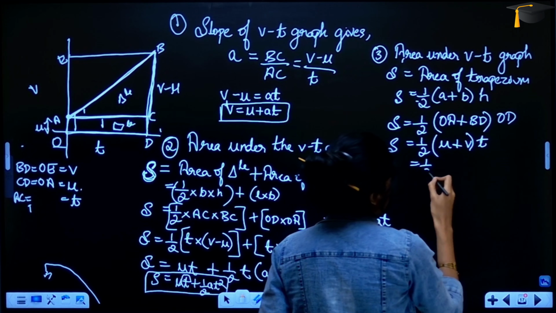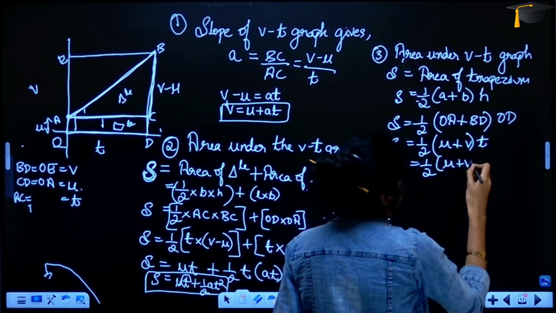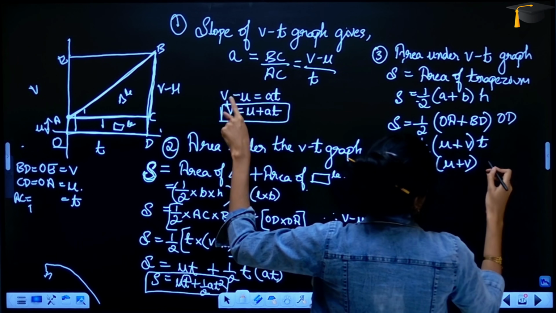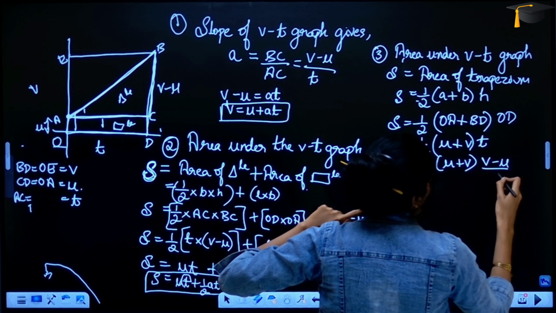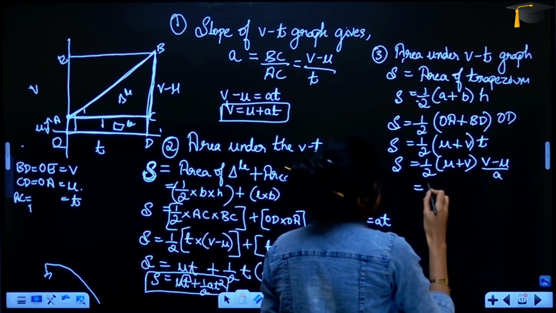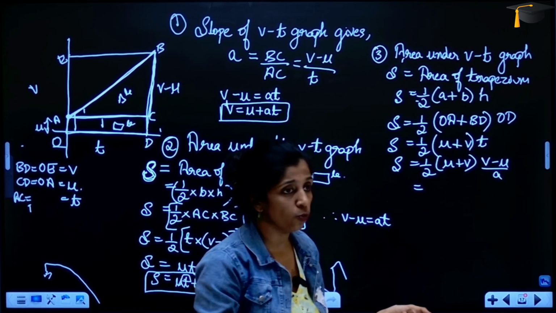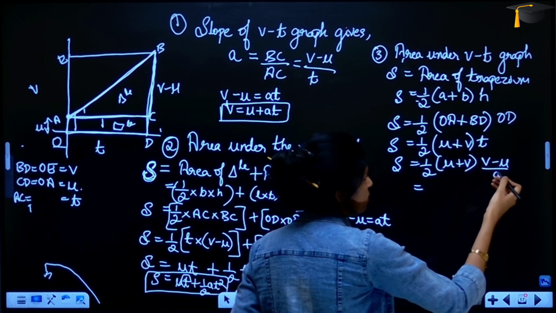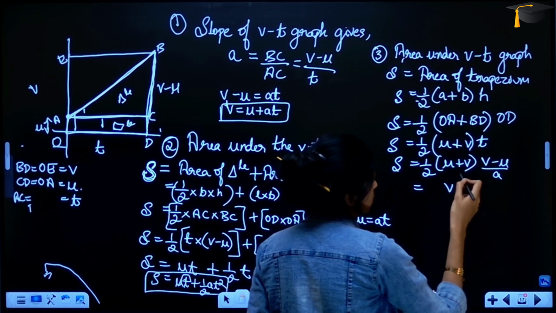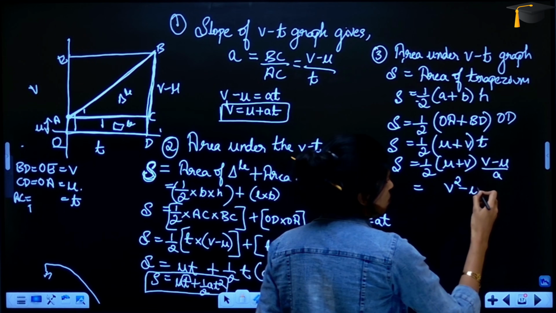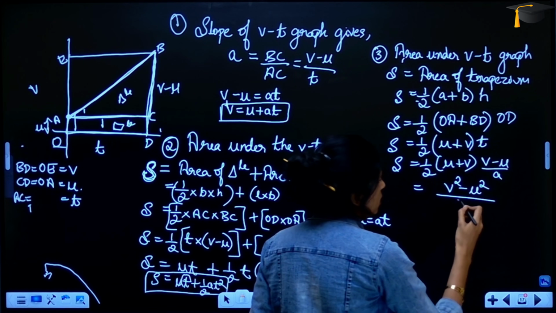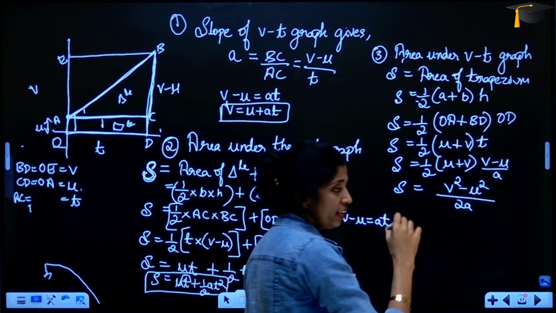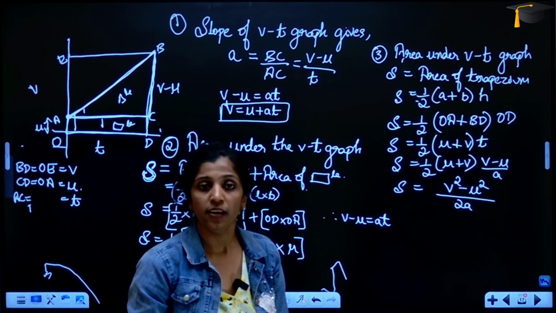From the first equation, we will take time as T equals (V minus U) by A. So S equals half of (U plus V) into (V minus U) by A. U plus V into V minus U gives V square minus U square, divided by 2A. So S equals (V square minus U square) by 2A.